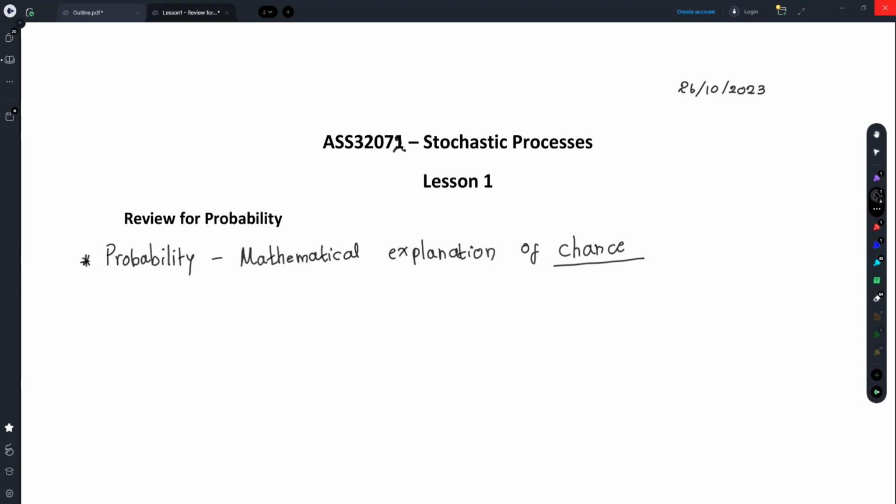What is the probability that it will rain today? In simple words, what is the chance of raining today, right? What is the probability that I win the grand prize at the lottery? That means what is the chance that I am winning the grand prize, right? So chance is something that has an uncertainty. It can happen or it may not happen, right?